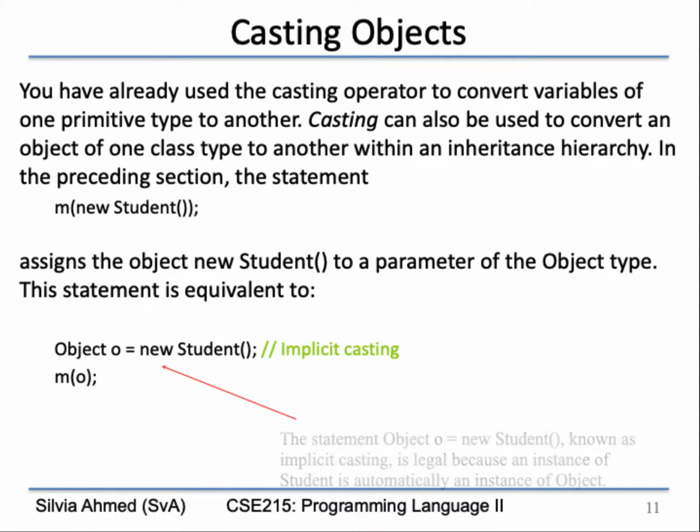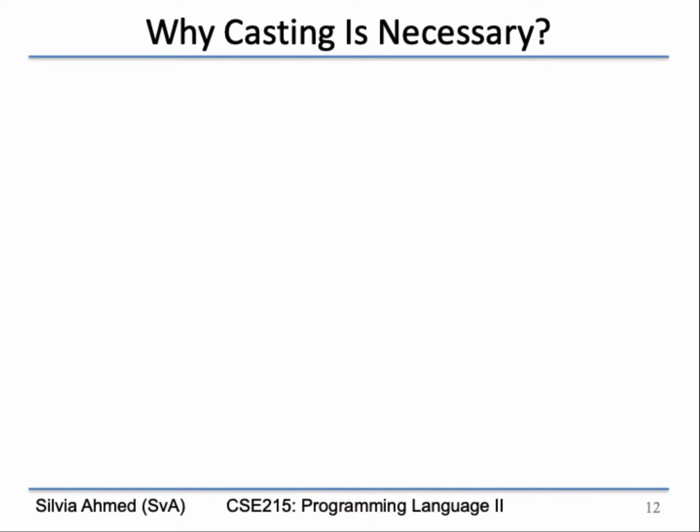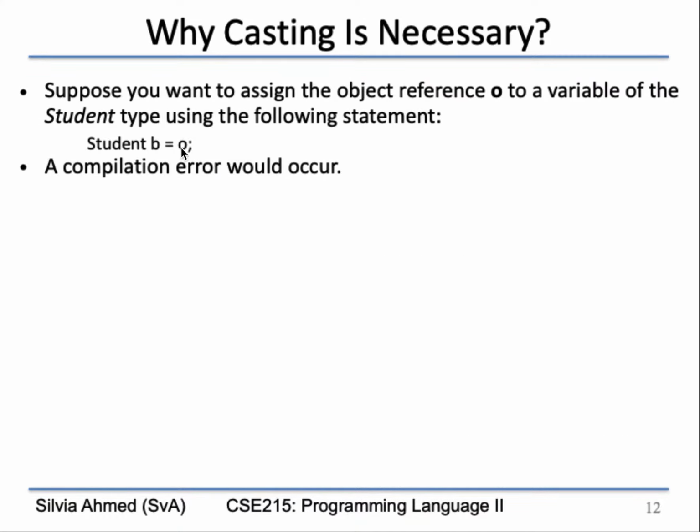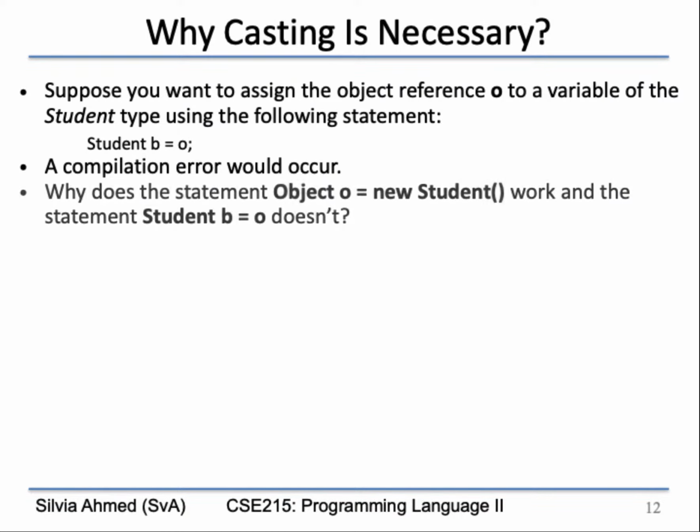So when we want to assign O to a Student, that's an error, because O is now of type Object. An Object does not have the necessary information of the Student class. That's why it does not allow assigning O to b.